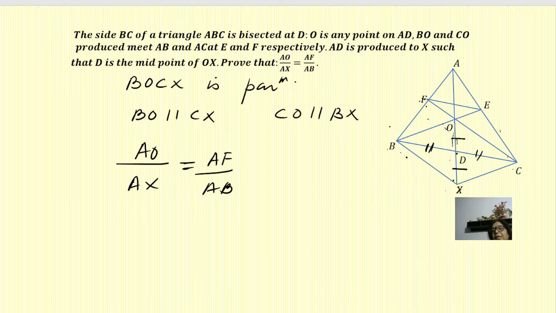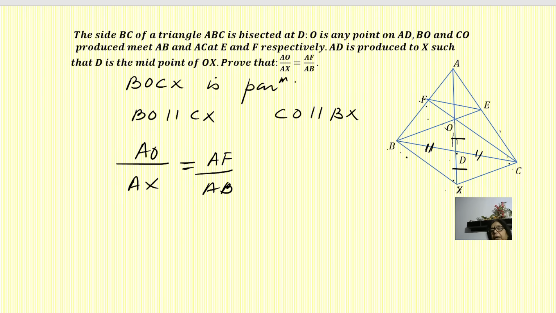So the important thing that we had to do in this question was we had to first talk about the parallelogram over here, and why it becomes a parallelogram. It becomes a parallelogram because the diagonals are bisecting each other. In any quadrilateral, if the diagonals bisect each other, it is a parallelogram. You can prove it also.